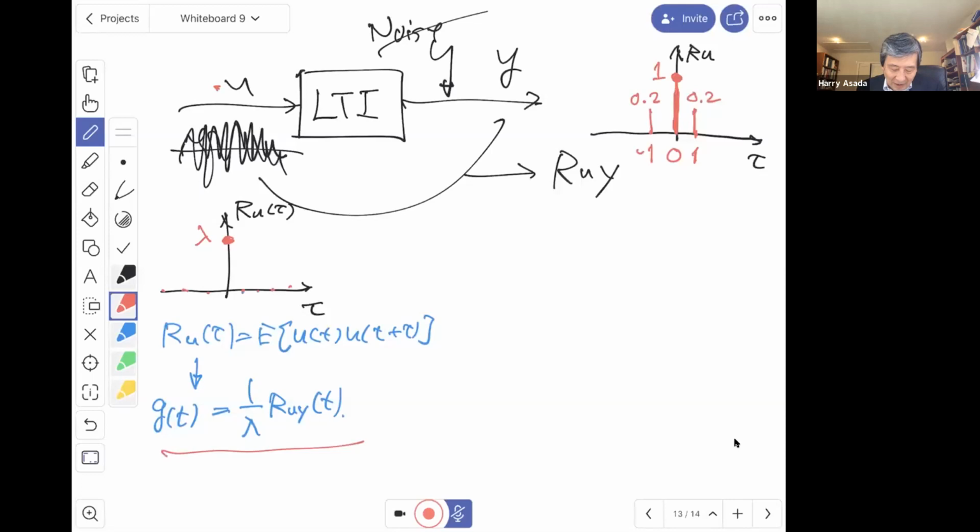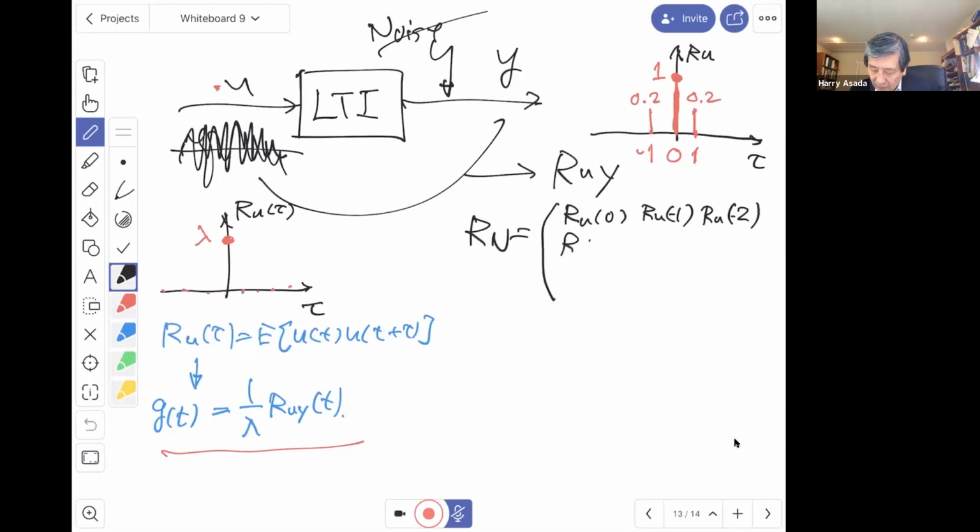Then we go back to the Wiener-Hopf equation. Remember that R_n is a concatenation of all R components, so the input R_u0, R_u1, R_u2. This line is minus, but minus and plus are basically the same, so don't worry about that.